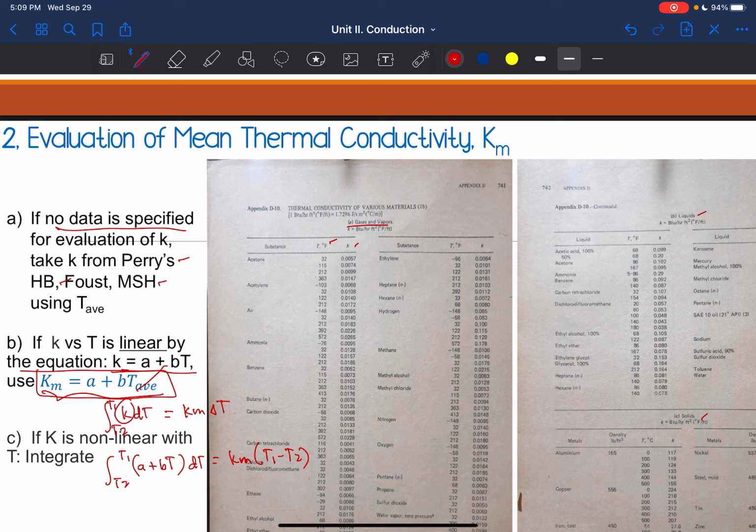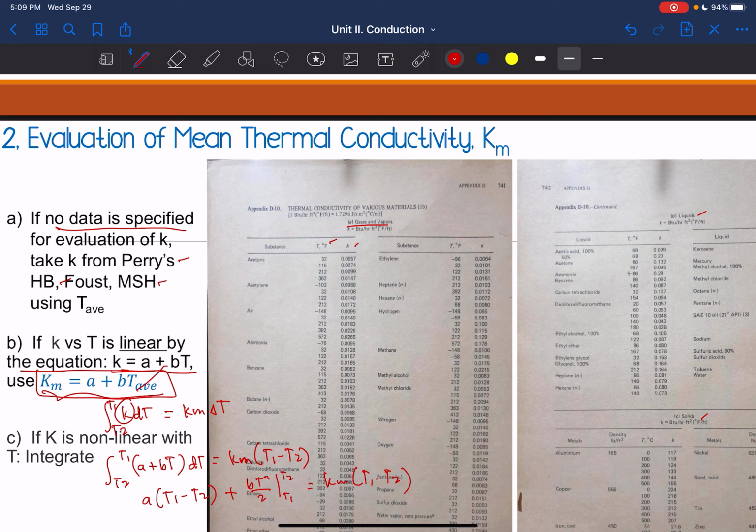Okay, taking the integral, I would just have A dT from T2 to T1, so that's A times (T1 minus T2), plus B, which would be BT squared over 2, from T2 to T1, equal to Km times (T1 minus T2).